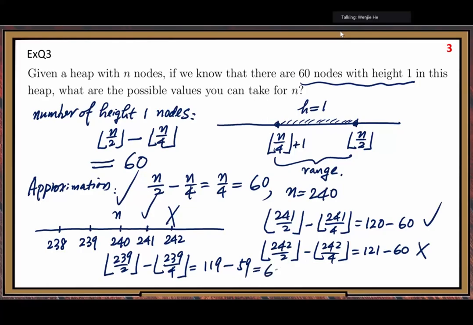Then 238. 238 over 2 is also 119, minus 238 over 4, also 59, equals 60. So that also works. 239 works.